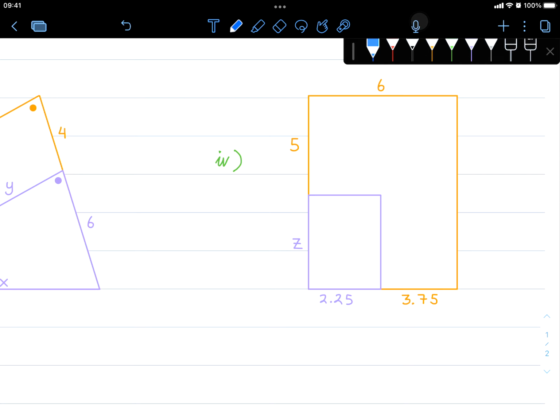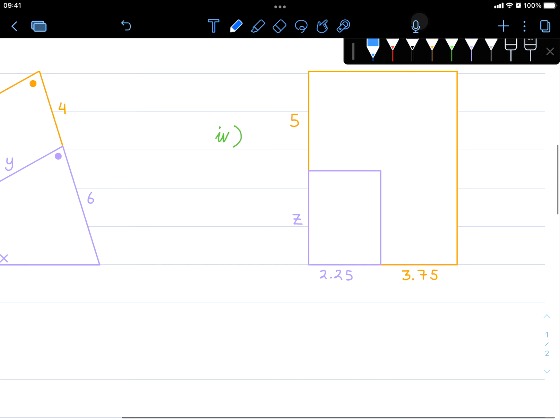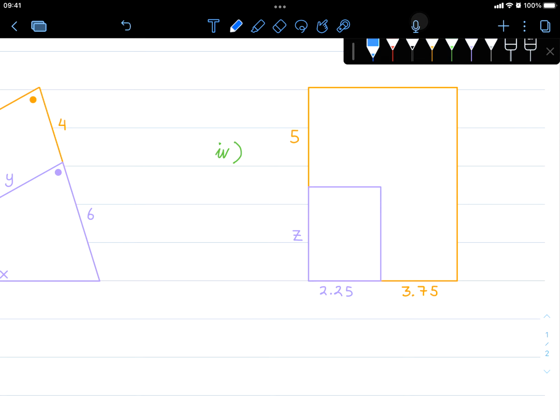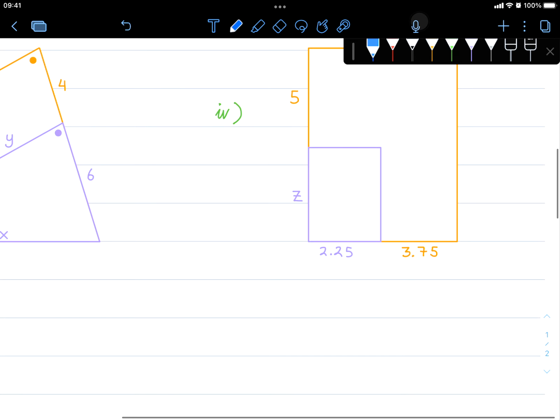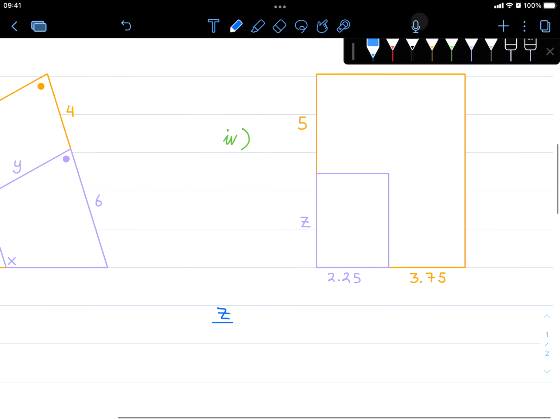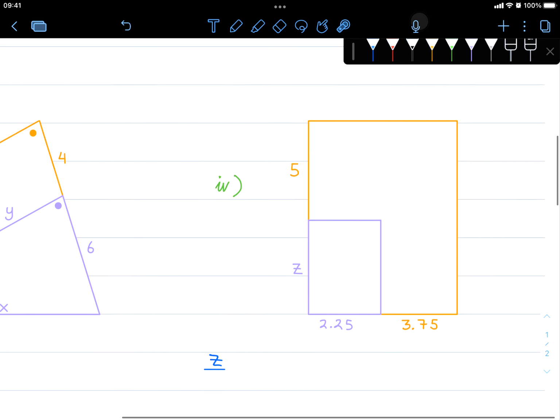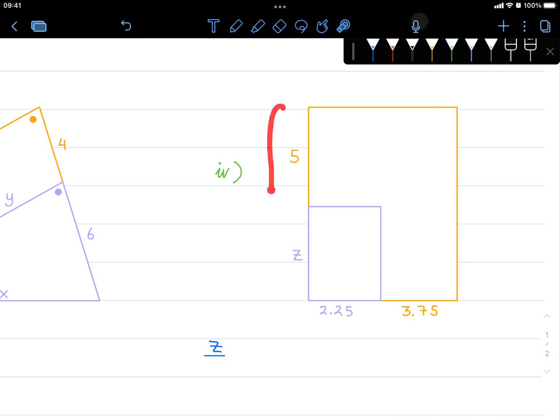We're now trying to find this length shown, oops, that shouldn't have been there, sorry. We're trying to find Z here. Alrighty, so it's going to be Z over, now take a look, we need to find the entire length shown here.